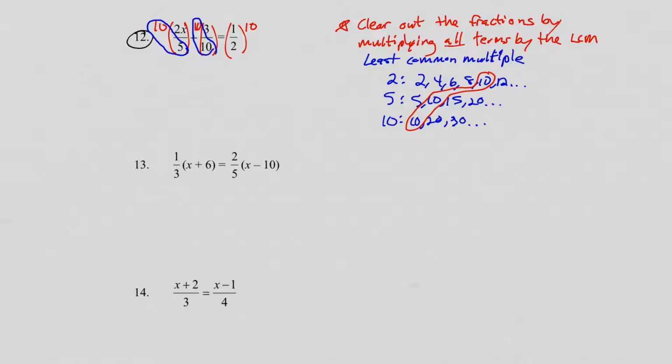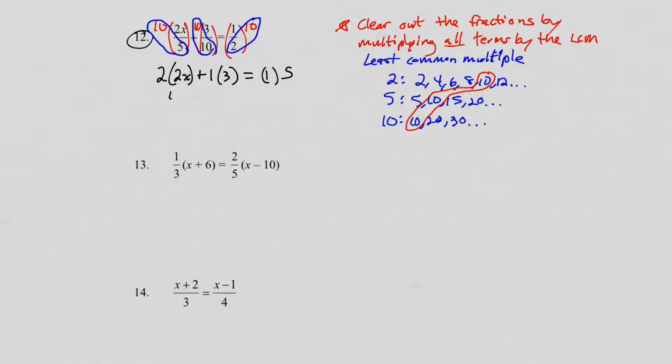And so all you got to do is just divide these numbers right here. So basically in the first one we have 10 divided by 5 is 2. Okay, that's the new number that's created. The fraction is gone, but everything else is still involved. 10 divided by 10 is 1. And the 3 is still there. And then we have a 1. And then we have 10 divided by 2, which is 5.